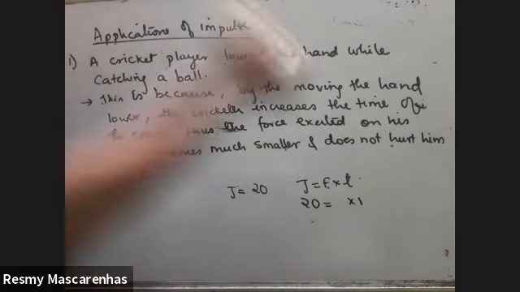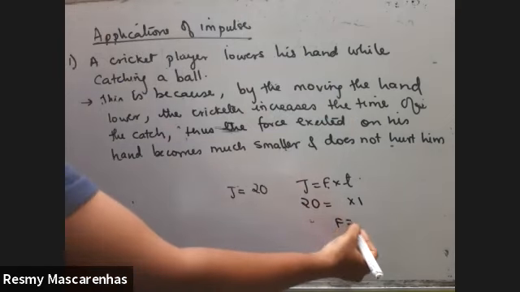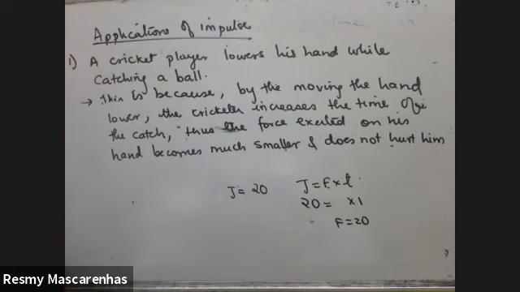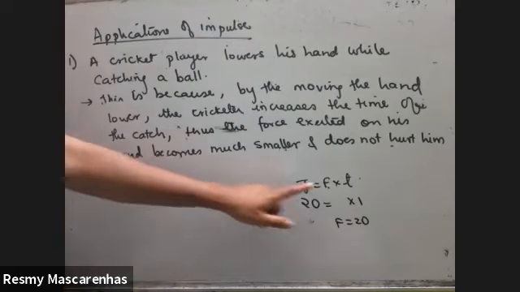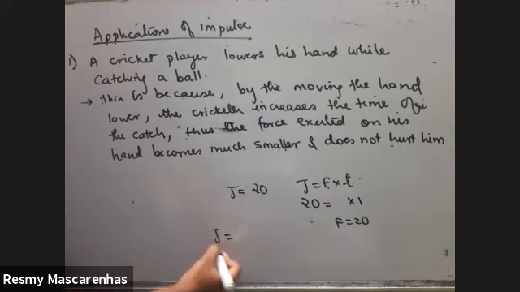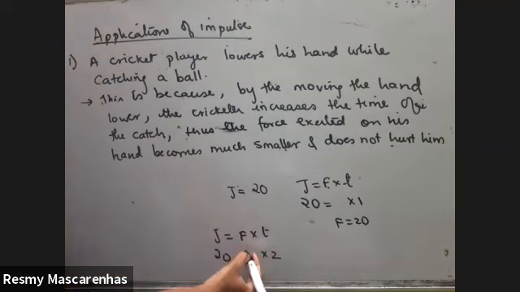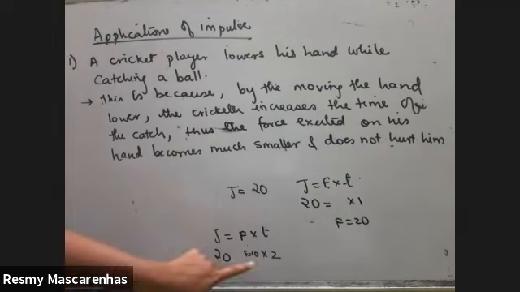If the ball hits your hand for just 1 second, then for it to make 20, force will have to be 20 newtons. But for the same 20, if you increase your time to 2, force will have to be how much? 10. So by increasing the time, you are reducing the force for the same ball. More the time, the less will be the force with which it falls on your hand.